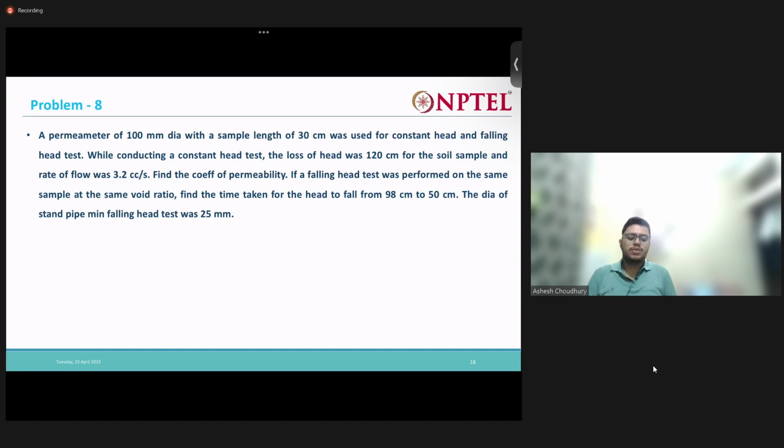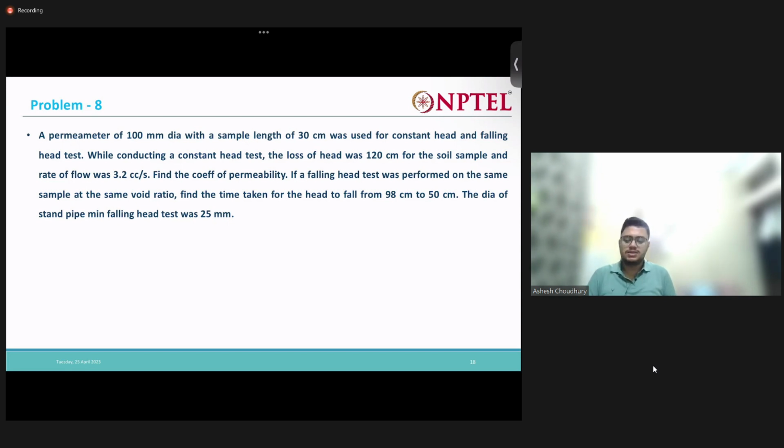Then we also studied something called the exit gradient. Then we studied how to calculate the seepage through an earthen dam using Casagrande's method. One of the topics that we studied was how to find the coefficient of permeability.